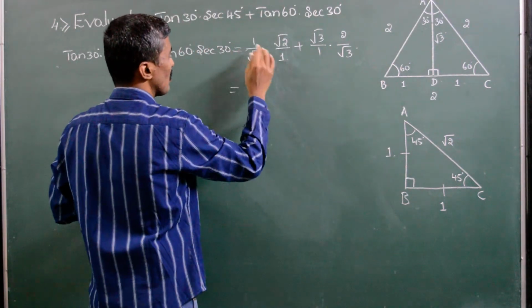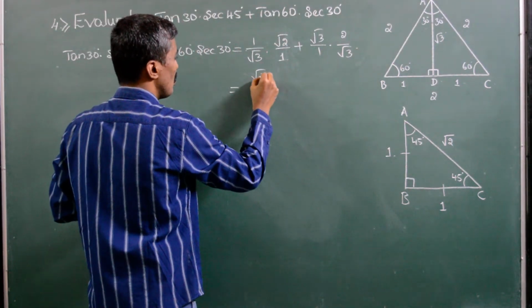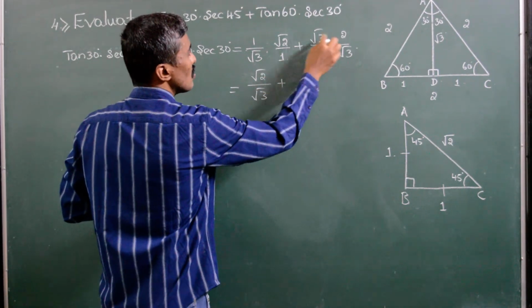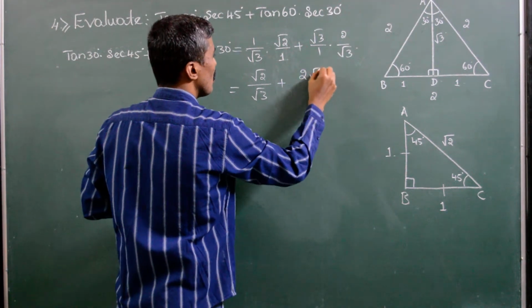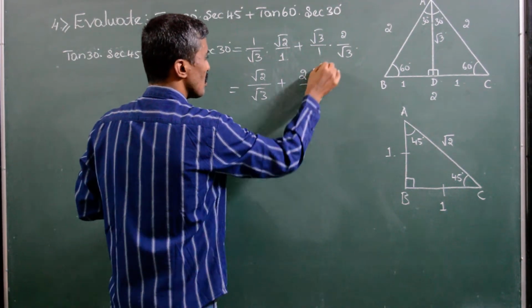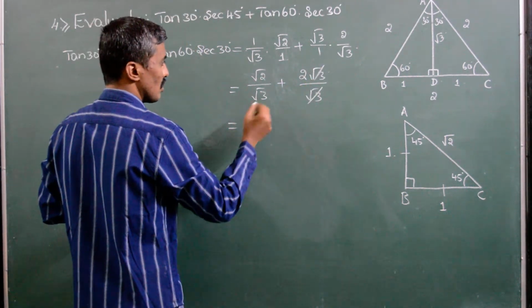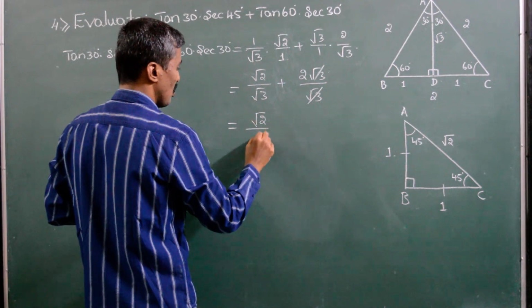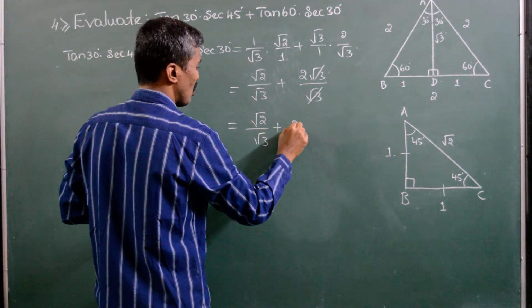So first, multiplication. 1 into root 2 is root 2, divided by root 3 into 1, root 3, plus root 3 into 2, 2 root 3, divided by 1 into root 3, root 3. So you can cancel root 3 here. So what is left? Root 2 divided by root 3 plus 2.